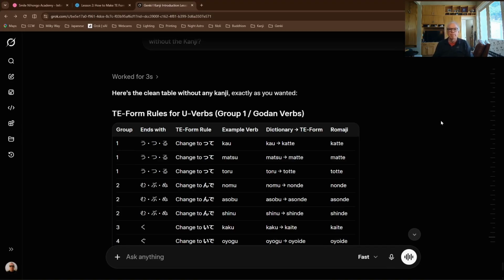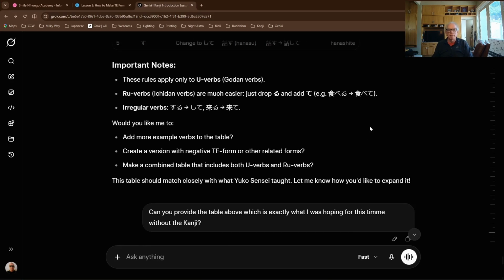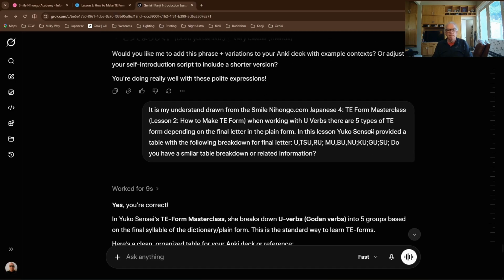So basically, I asked Grok, I said, it is my understanding from the Smile Nihongo Japanese 4 te form masterclass, lesson 2, how to make te form, when working with U-verbs, there are 5 types of te form depending on the final letter in the plain form. In this lesson, Yuko Sensei provided a table with the following breakdown for final letter. Do you have a similar breakdown or related information?